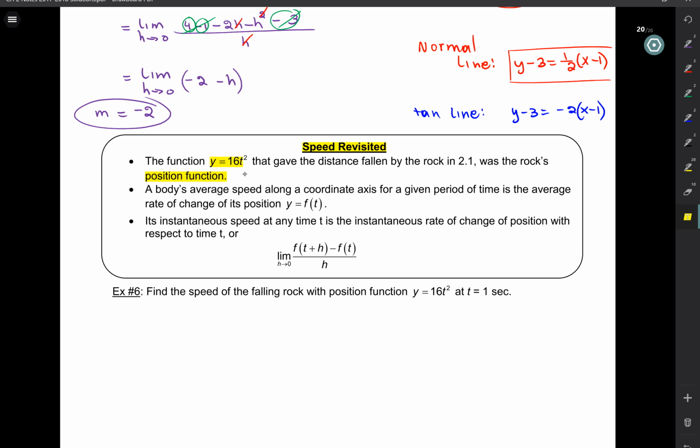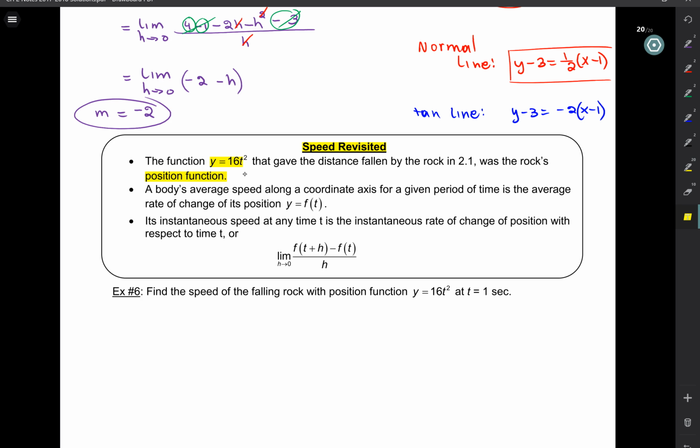Now, those of you that are in physics, that 16t squared should be familiar. You probably have the metric version with the 9.8, negative 9.8, for gravity. In feet per second, the 9.8 goes away, and then you have a 16 in its place.